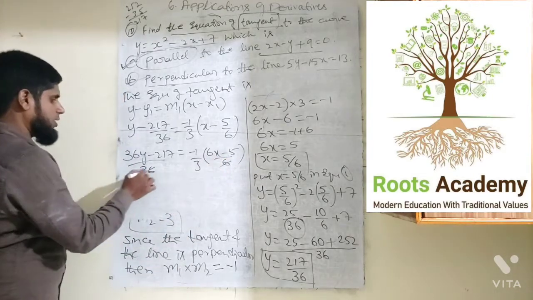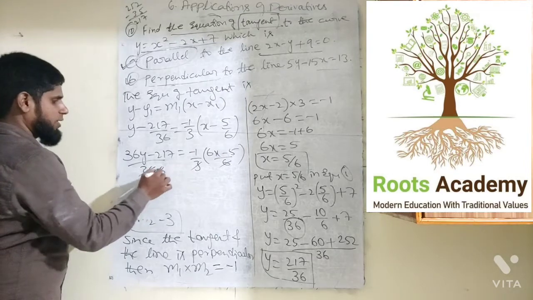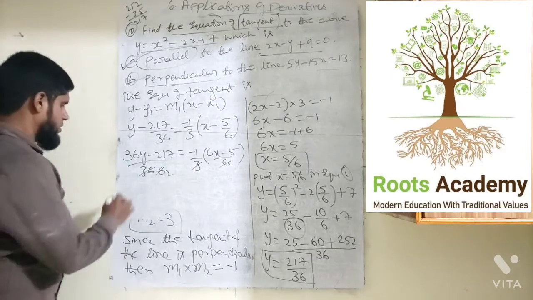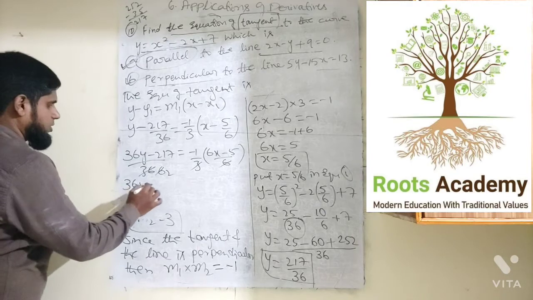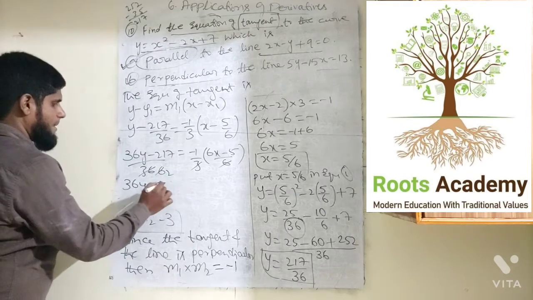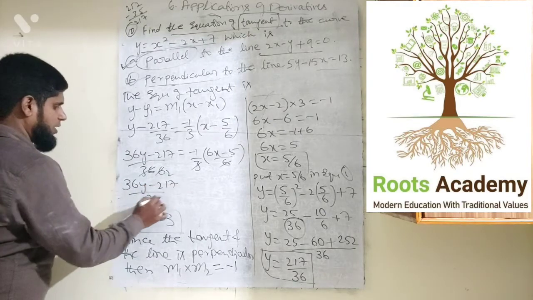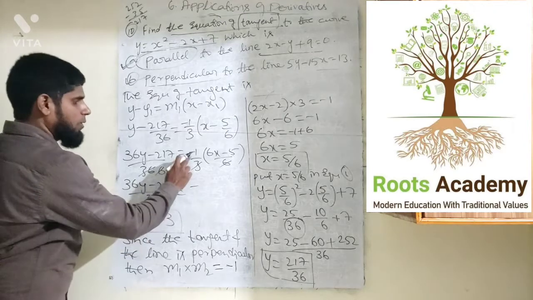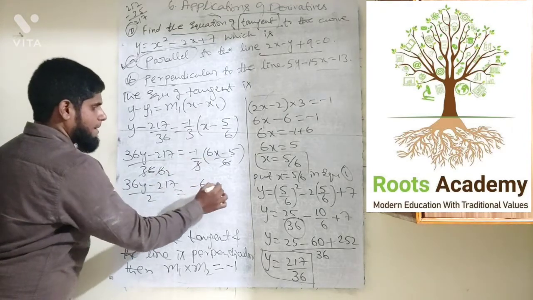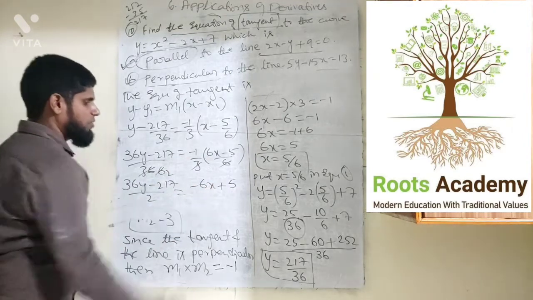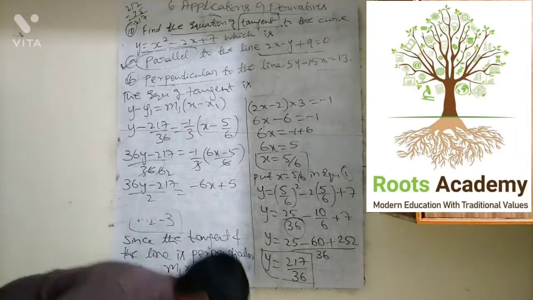So 6 one times 6, 6 times 6, 3 one times 3, 3 two times 6. So finally 36y minus 217 divided by 2 is equal to minus 6x, minus into minus is plus 5.